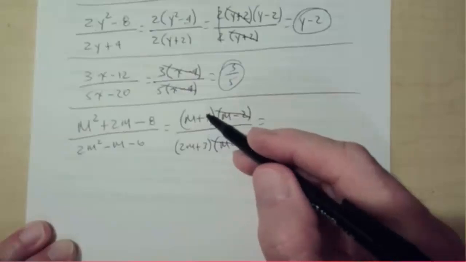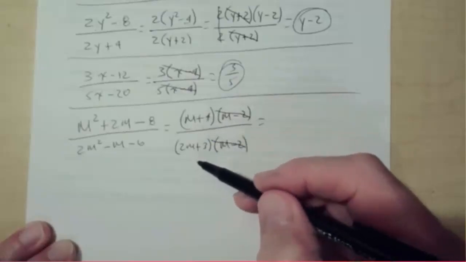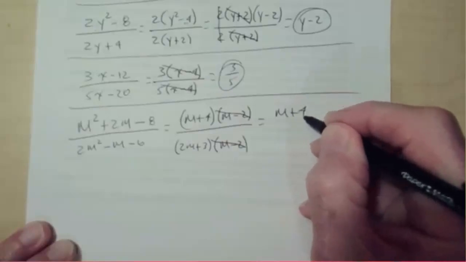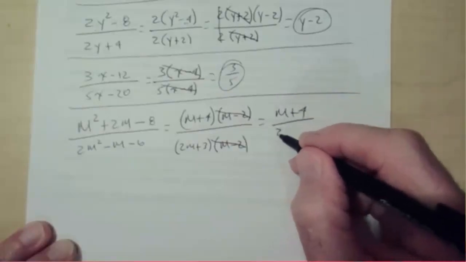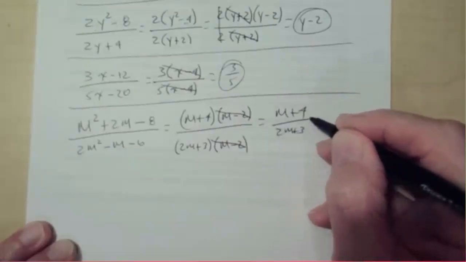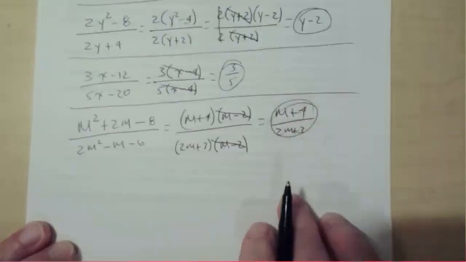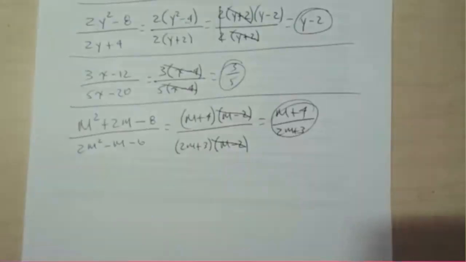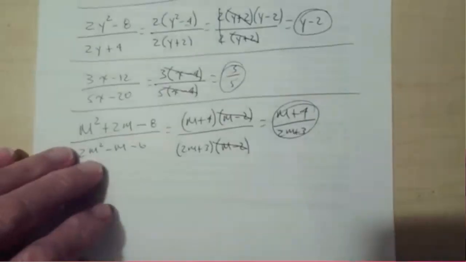And we're left with, can we do anything with the m plus 4 and the 2m plus 3? No. We end up with m plus 4 over 2m plus 3. Right? Right. Wasn't that fun? Okay. Those problems really don't get much more difficult. They just get longer. Just like we've been saying all semester long.